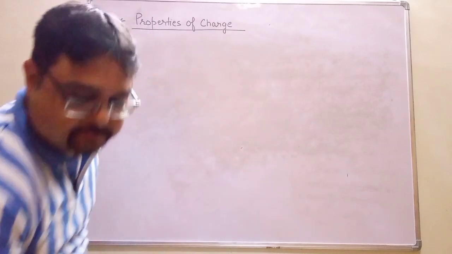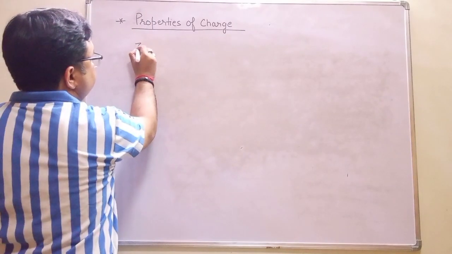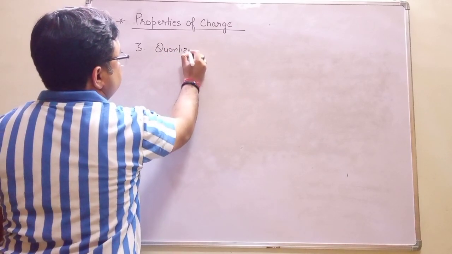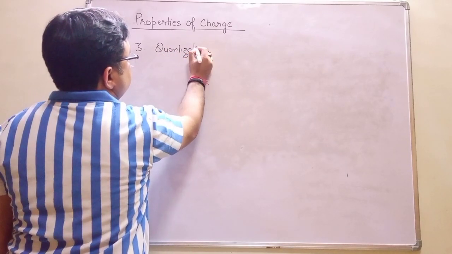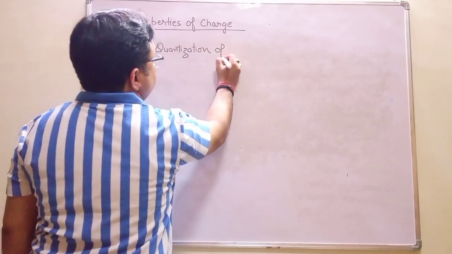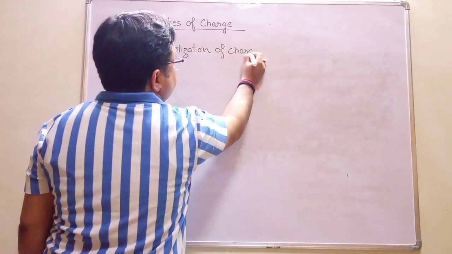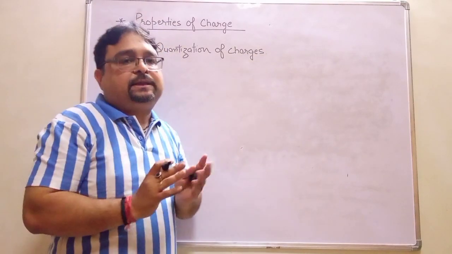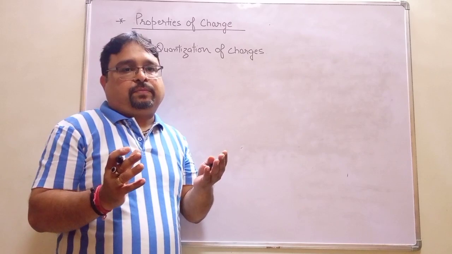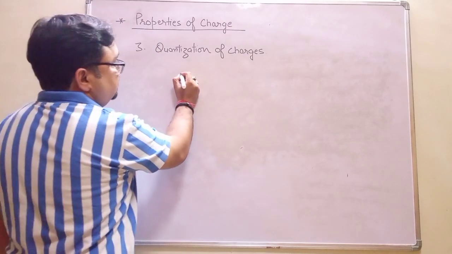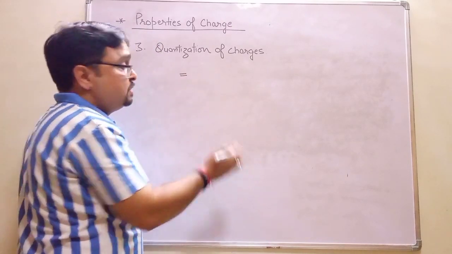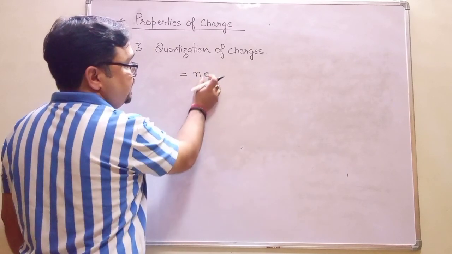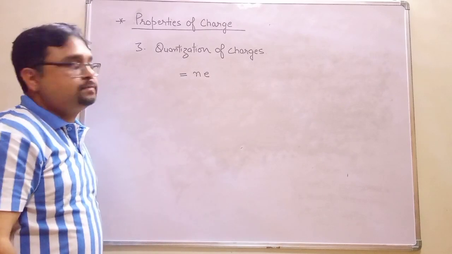Next property is quantization of charge. Quantization means that whatever charge is present in any body, that is some integer multiple of the fundamental unit of charge.